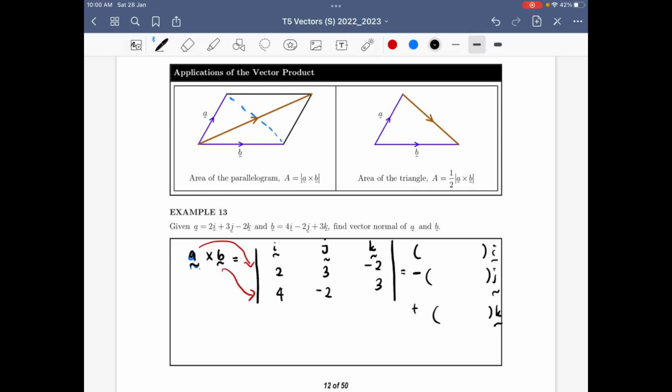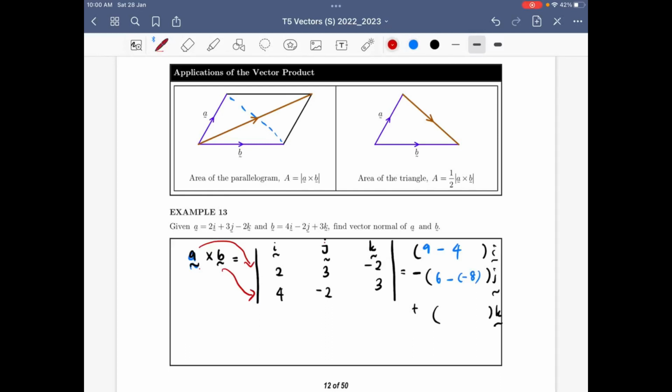If you close the i part, we get the value 9 minus 4. How to get the 9 minus 4? If you close the i part, 3 times 3 minus negative 2 times negative 2, you get 9 minus 4. And then we go to the j part. For the j part, if you close the j part, you get 2 times 3 equal to 6. So 6 minus 4 times negative 2, you get negative 8.